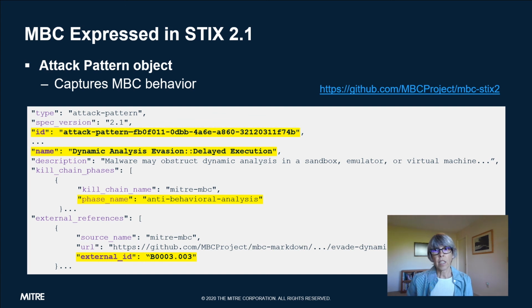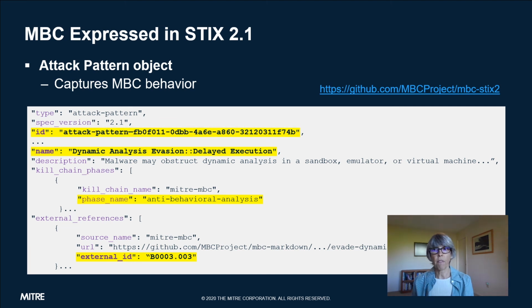Expressing MBC in STIX is what enables you to then use MBC through tooling and APIs. And we've used the same STIX objects as ATT&CK uses to express its content. So if you're already using ATT&CK, using MBC shouldn't be any different, because, for example, each of our behaviors is captured as an attack pattern object. As you can see in this example, the name property is the name of the behavior.